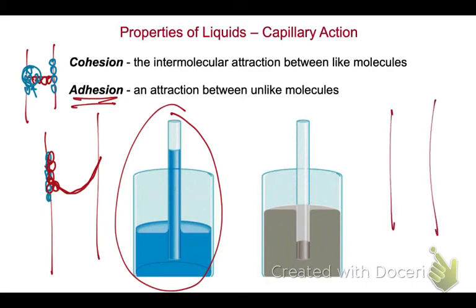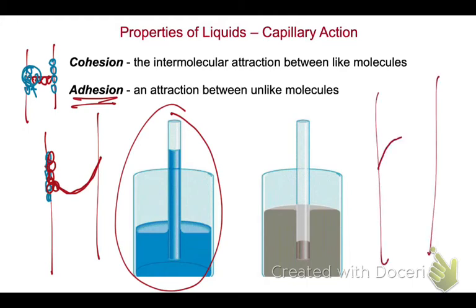This, on the other hand, is mercury, and the mercury surface looks the opposite. The curve looks the absolute opposite of water, right? Because, again, one more time, the mercury molecules, let me redraw this again. The mercury molecules can attract each other via cohesion, but there are glass molecules here, right?